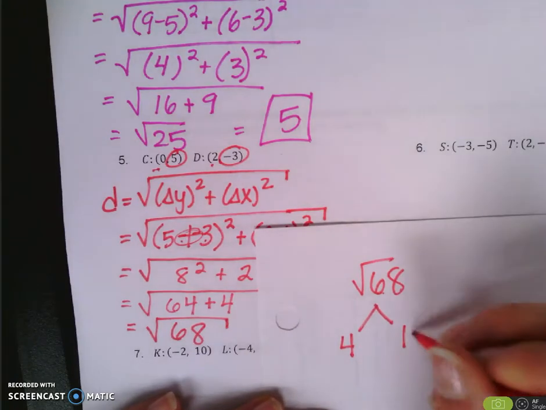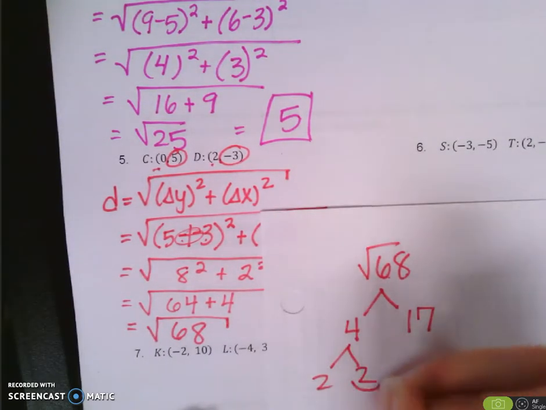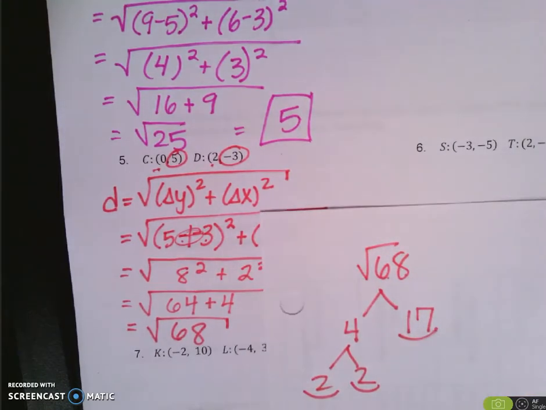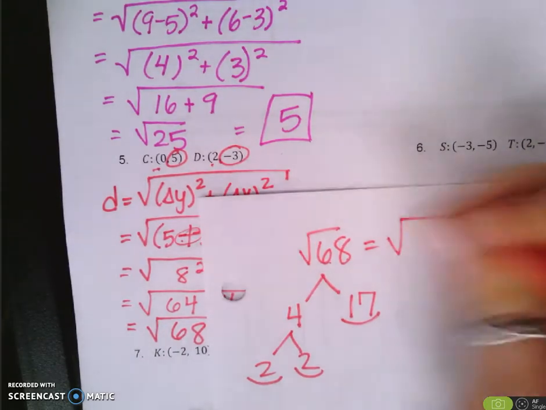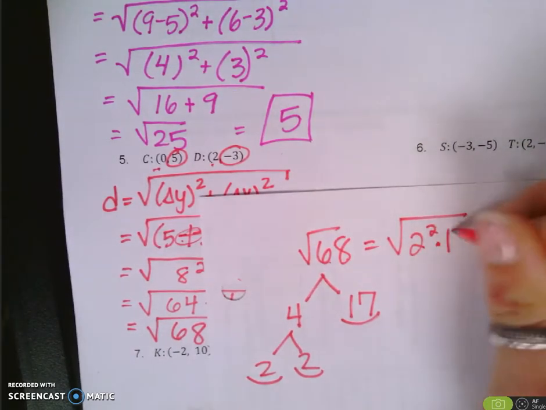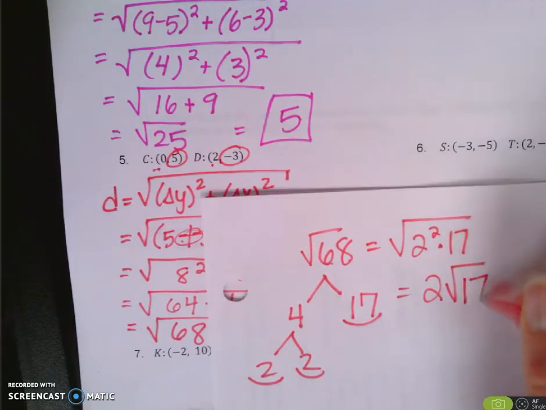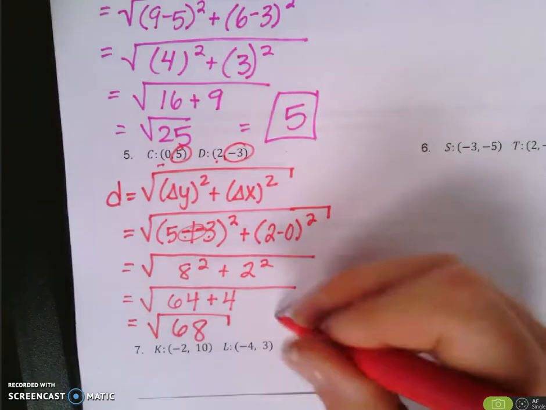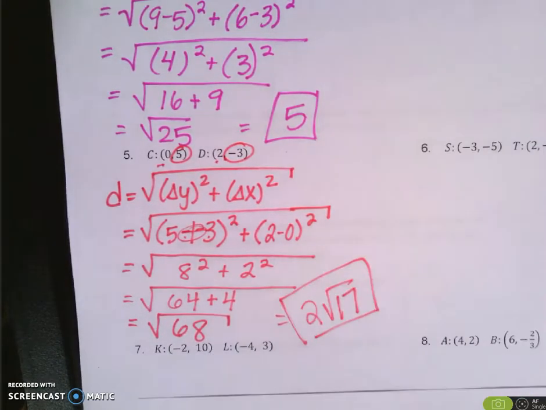So 4 goes into 28 7 times. And then 4 is 2 and 2. Oh, and 17's prime. So radical 68, I know that is 2 squared times 17. What can you pull out? A 2. What's left inside? 17. So our answer is 2 radical 17.